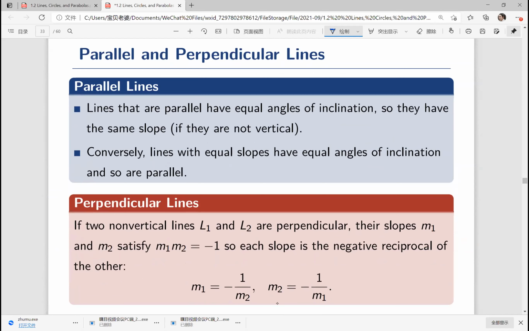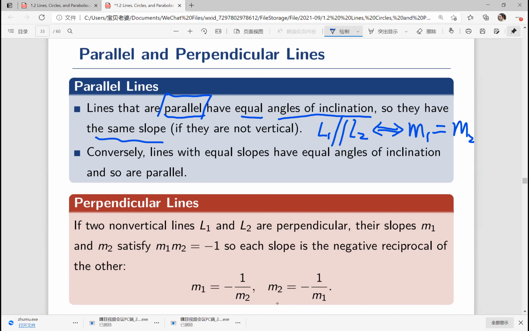Lines that are parallel have equal angles of inclination, so they have the same slope. So if there is an L sub 1 and an L sub 2, and L sub 1 and L sub 2 are parallel, that means if and only if the slope of L sub 1 is m sub 1 and the slope of L sub 2 is m sub 2, then the slopes of the two lines are equal.